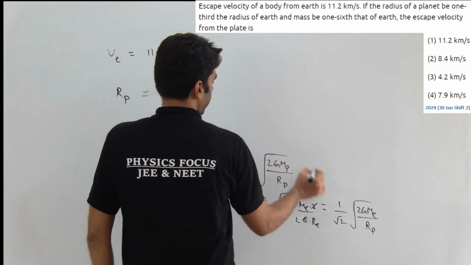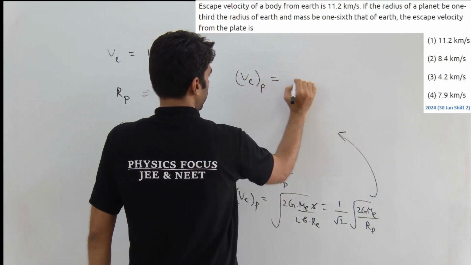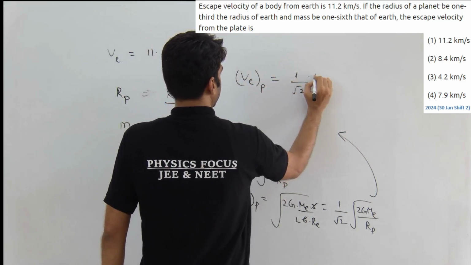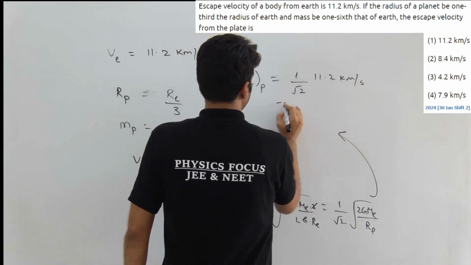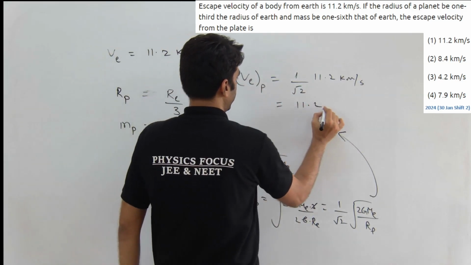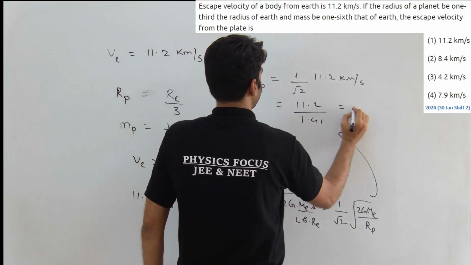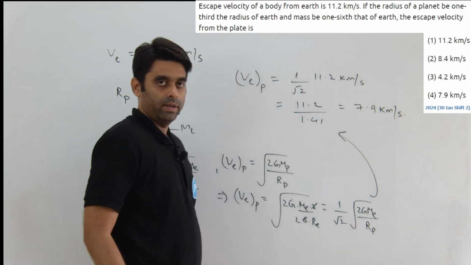So finally the escape velocity on the planet will be 1 by root 2 times 11.2 kilometer per second. Root 2 is 1.41, so we write 11.2 by 1.41. This will come out to be 7.9 kilometer per second. Fine, let's move ahead.